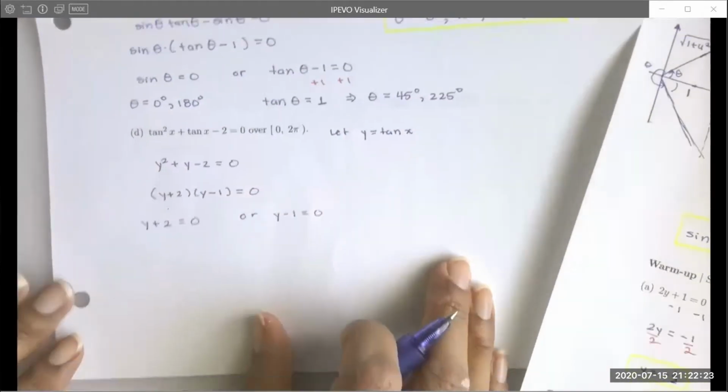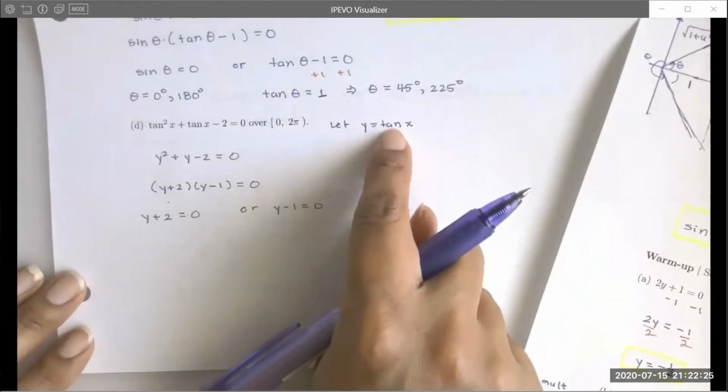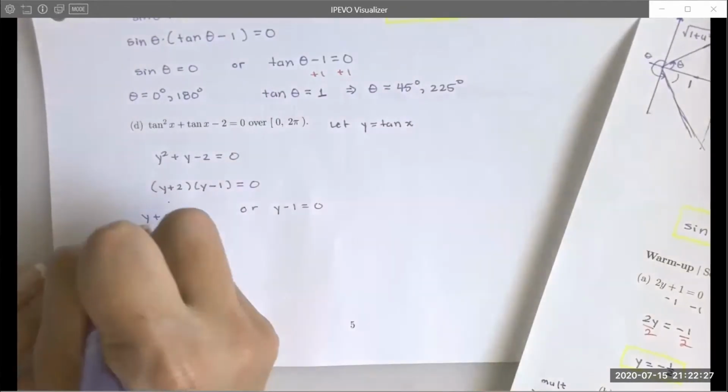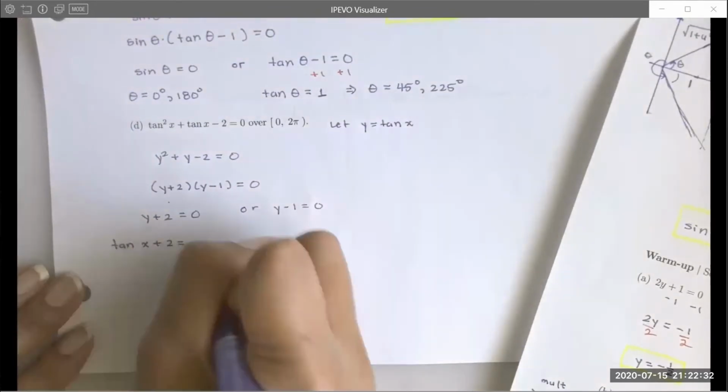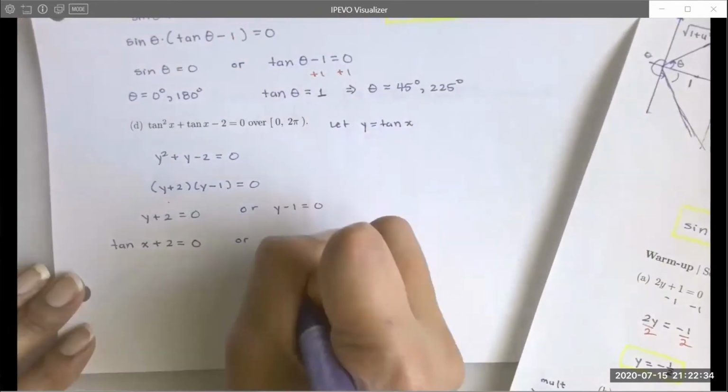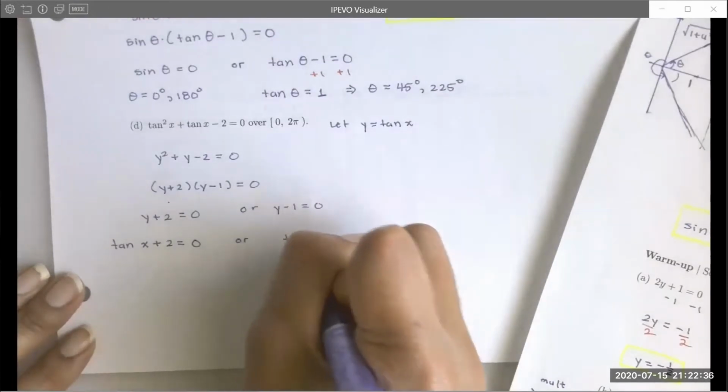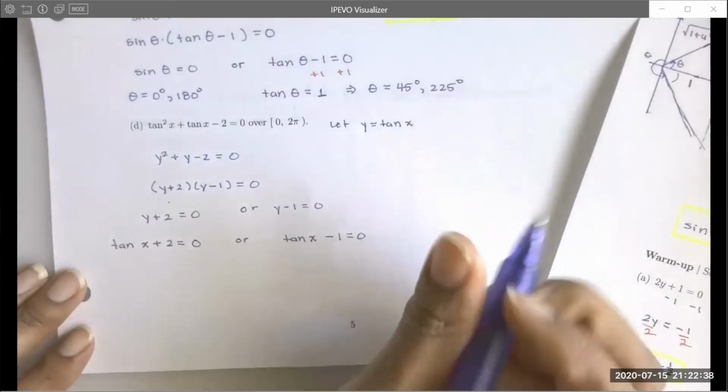And now this is where we can bring back what y is representing. It's representing tangent. So tangent of x plus 2 is equal to 0, or tangent of x minus 1 is equal to 0.